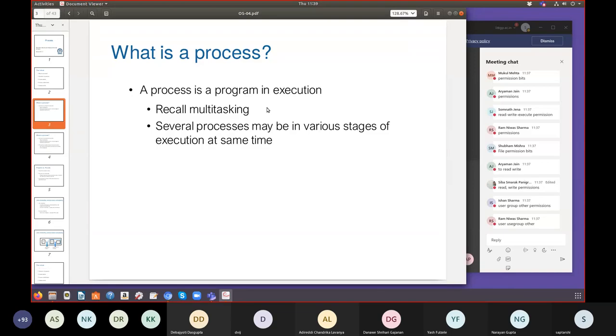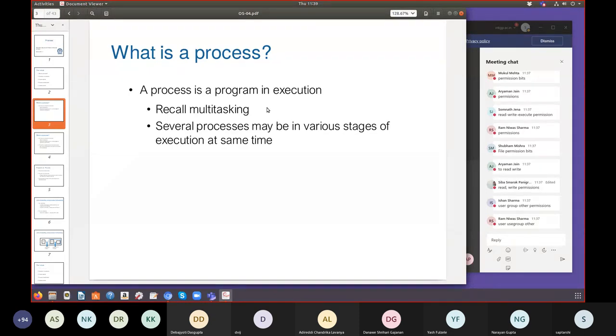If you recall multitasking, we said that several processes are there in the computer system memory, and at one point of time, the CPU will be allocated to only one of these processes. But there is frequent switching. That means at a particular time t, maybe process P1 is running.